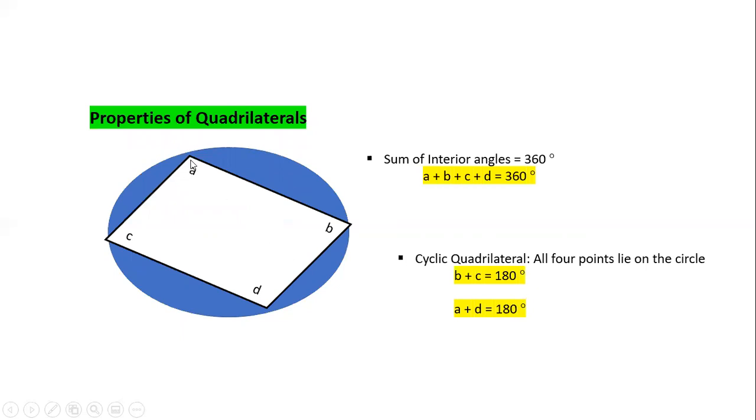When you have a quadrilateral with the 4 points lying on a circle like this, A, B, C, D lie on a circle, we call that quadrilateral a cyclic quadrilateral. And what do we know about a cyclic quadrilateral? We know that the opposite angles are supplementary. A plus D supplementary, C plus B supplementary. That means they add up to 180 degrees.